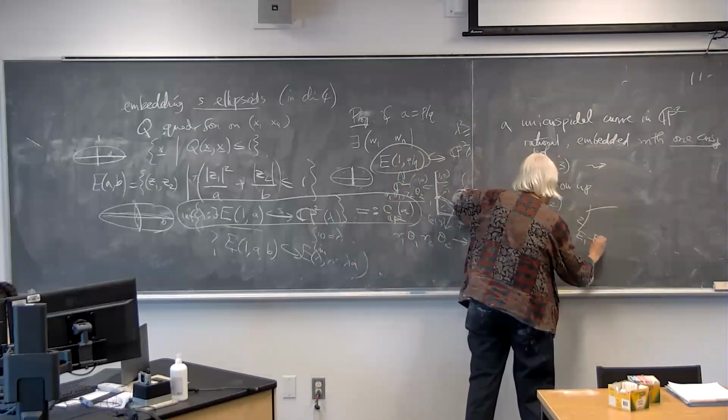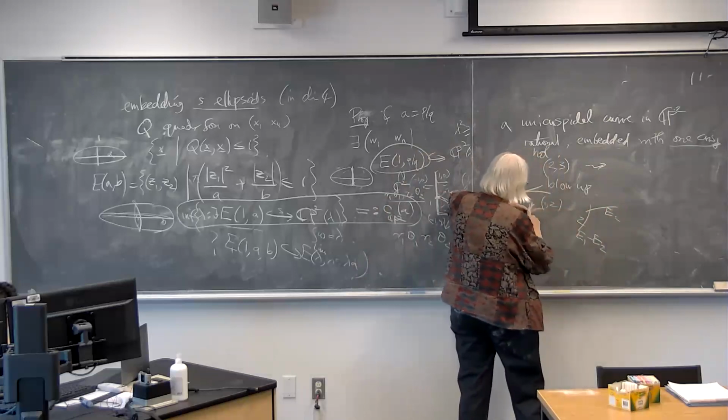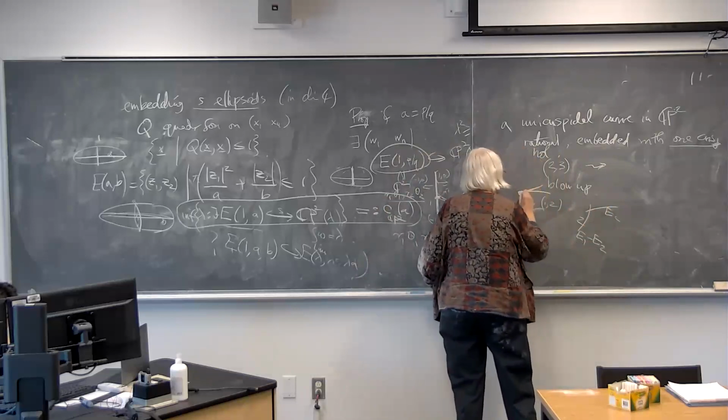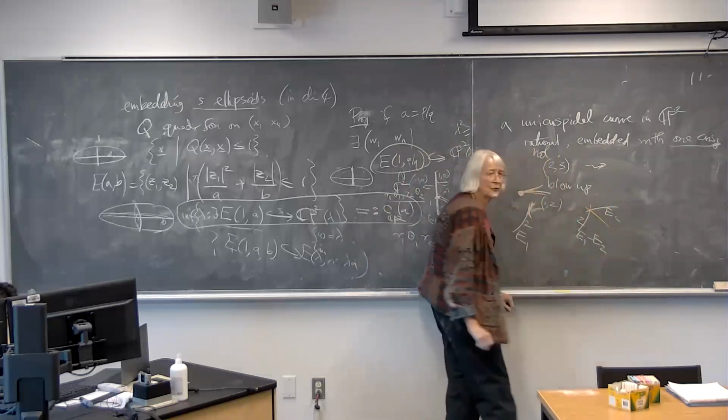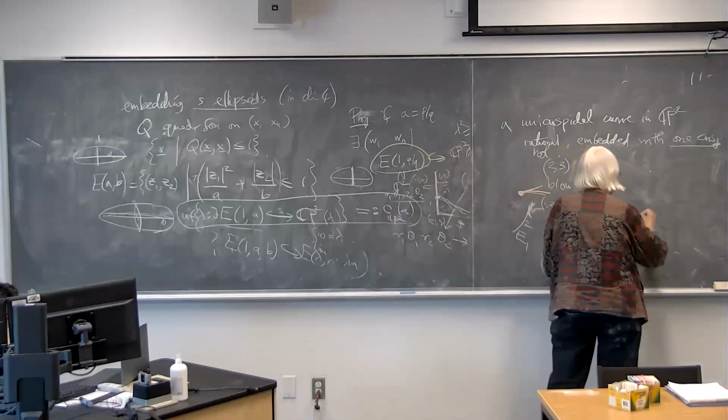So this becomes E1, this is E1 minus E2, and this is E2. And then when you blow it up at that point, this is our curve, right? Let's have our curve in orange. Our curve still goes through that point, but transversely. So this is now our proper transform. And then you blow it up again.